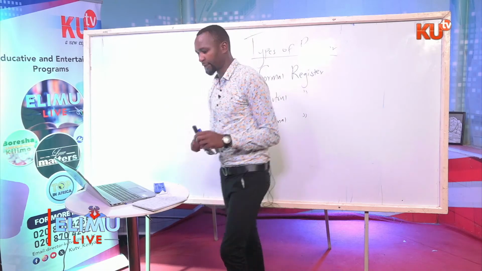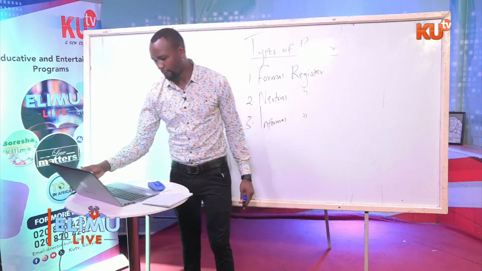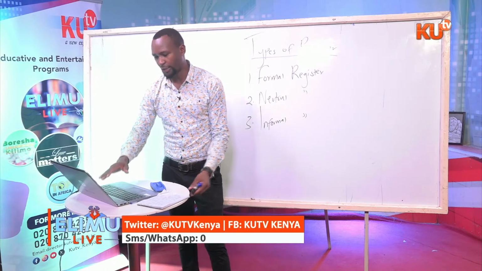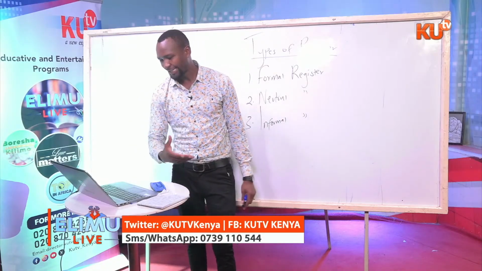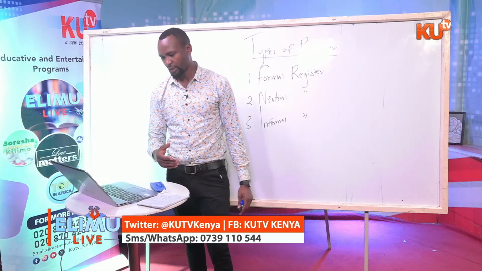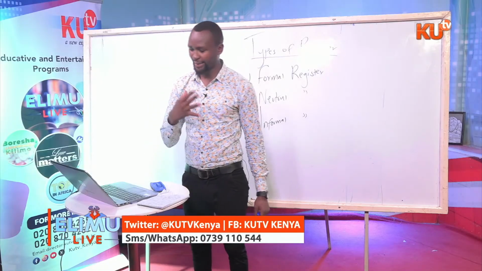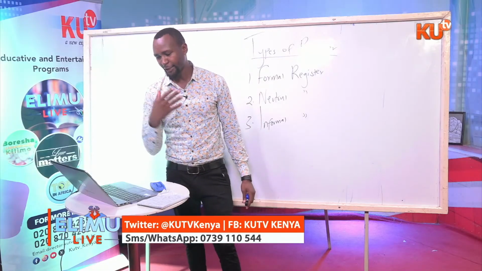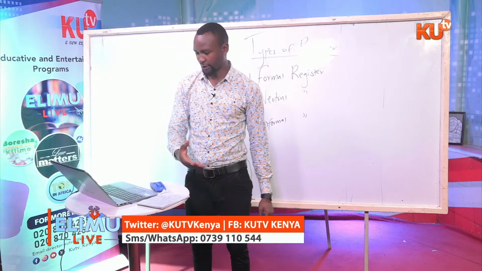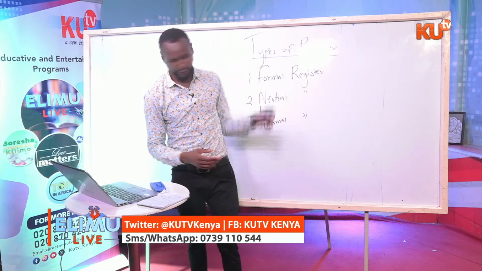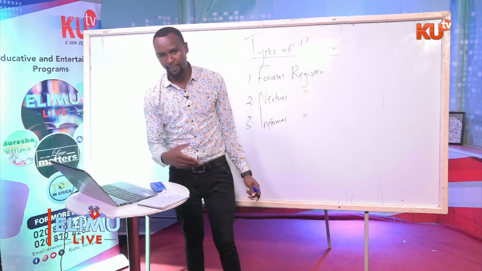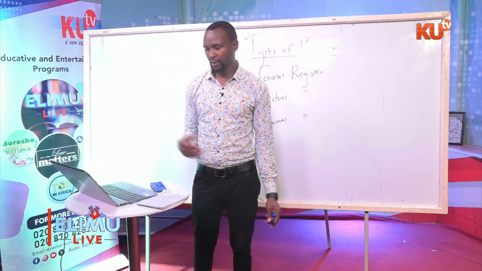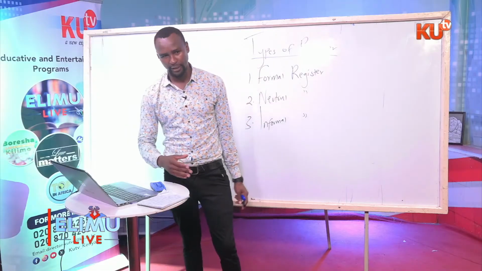So basically the formal register is used in business calls, speeches, job interviews, letters, school presentations. It features polite, structured and respectful language. A good example of a formal register is, "Good morning, sir. I'm calling to inquire about the meeting schedule." That is a good example of formal register.